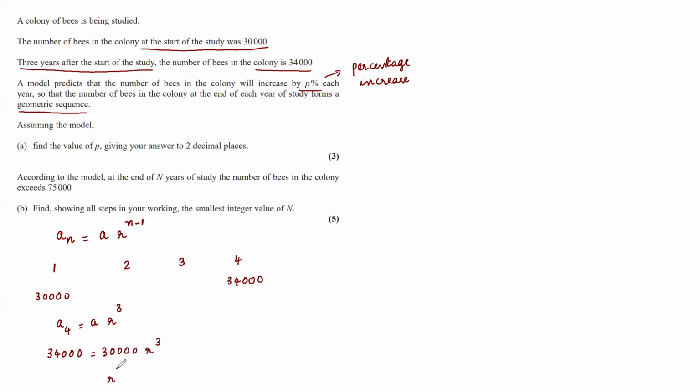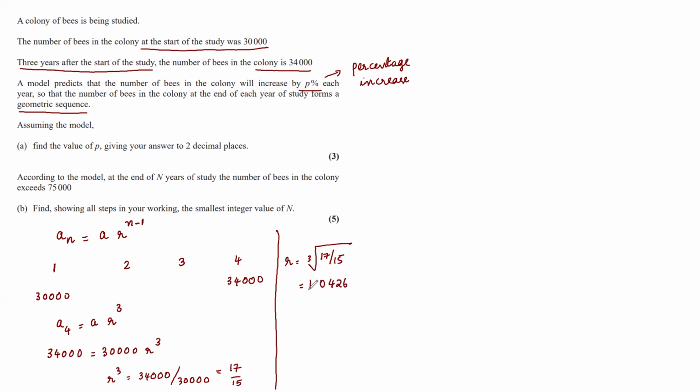So r cube will be 34,000 divided by 30,000, which is 17 over 15. So from r cube to get r, it will be the cube root of 17 over 15. When you do the cube root of 17 over 15, that will be 1.0426.